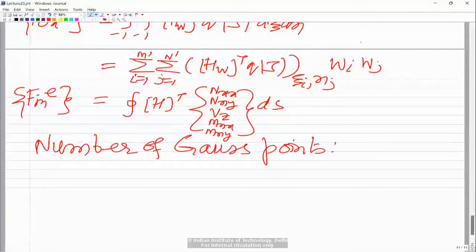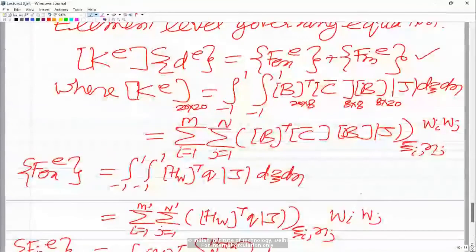Now, if we want to find out what should be m and n, this is going with B transpose C bar into B determinant J. Let's say the element in the physical coordinate space, that is in the xy coordinate space, is a rectangle.